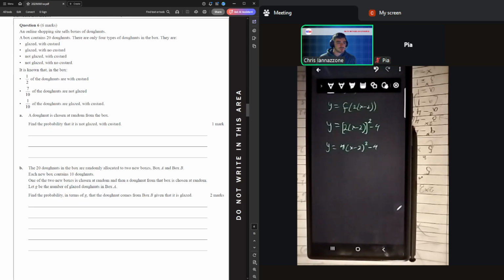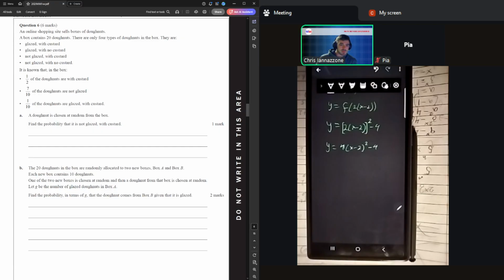Like, if you do custard, no custard, and then branch off to glazed, no glazed, remember that branches on a tree diagram imply conditional probability. It's doable, it's just a bit more challenging to use.